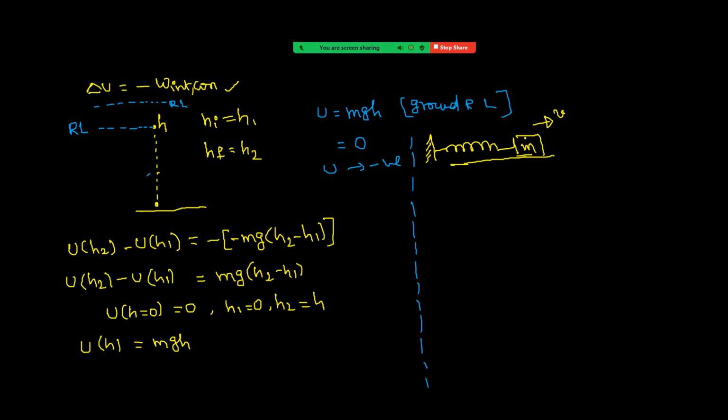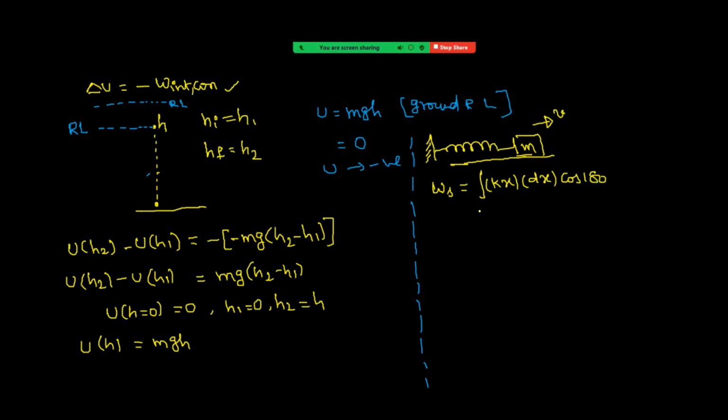Assume initially no compression, no elongation. Now the spring is elongating. The work done by spring force: when the block moves to the right, the spring force will be to the left. It is the integral of spring force kx times displacement dx, and the angle between those two is 180, cos 180.